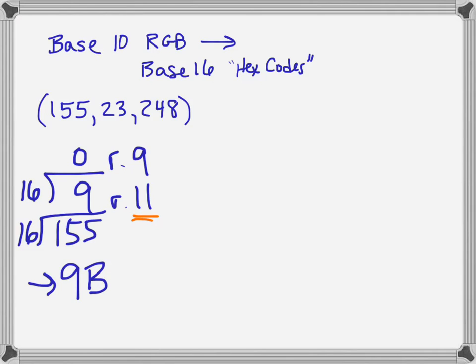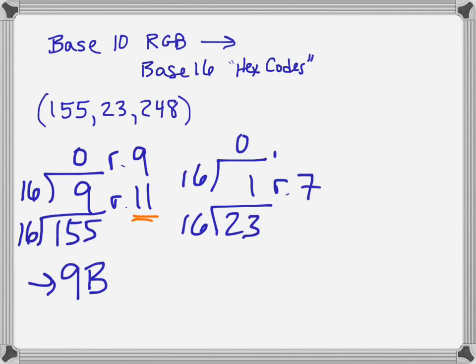We're doing these one at a time, so moving on to the next one, 23. 16 goes into 23 one time, and that gives you a remainder of 7. And then 16 goes into 1 0 times, remainder 1. So this is the hexadecimal number 17.